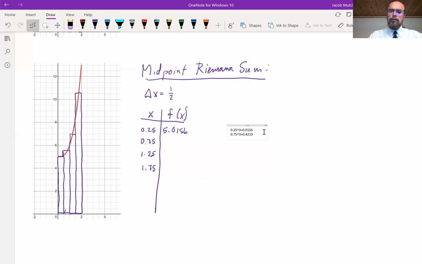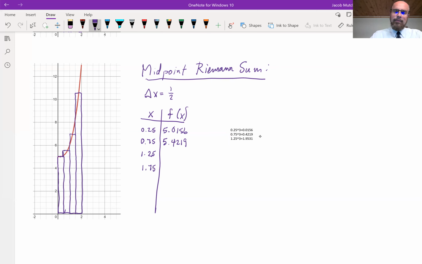That's 0.4219, giving 5.4219. And then let's cube 1 1/4. 1.25 cubed has the value of 1.9531.